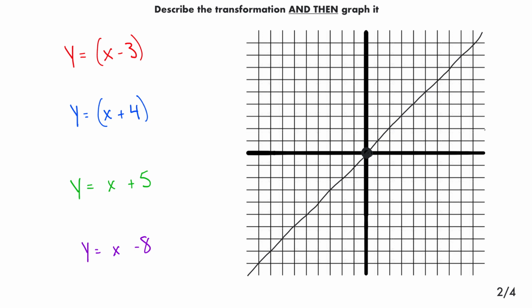I want to know how that's going to be moved around. So when I graph the red function, it is actually going to be moved right here. It's difficult to see with linear functions, but as we move forward, it'll make a little bit more sense with the more advanced functions. And it'll look like this.